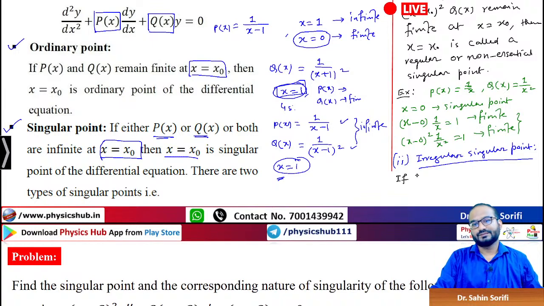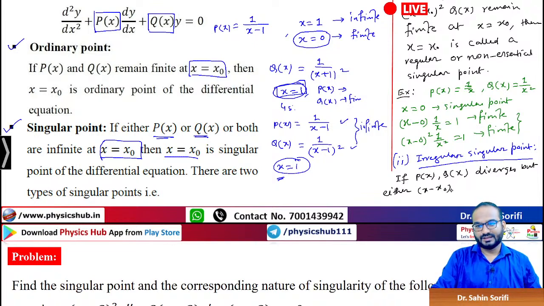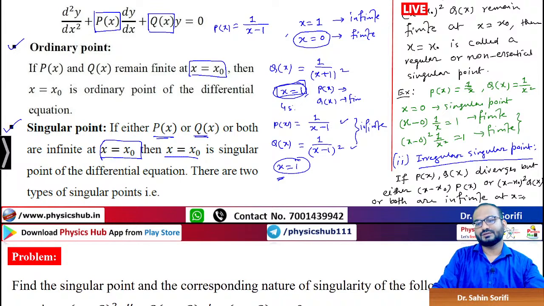So here, if p of x or q of x diverges, either any one of them, x minus x naught times p of x, or x minus x naught whole square times q of x, or both, are infinite at x equals to x naught.